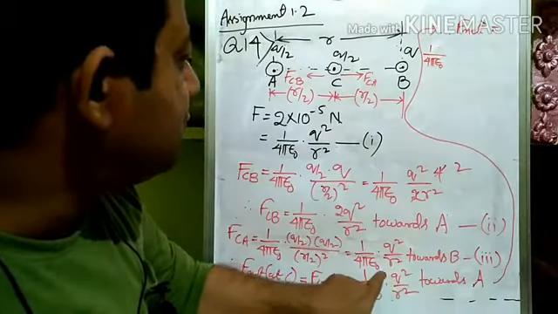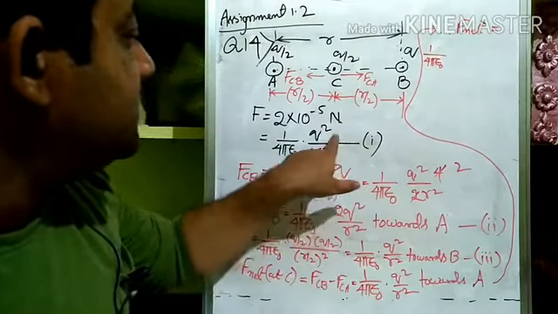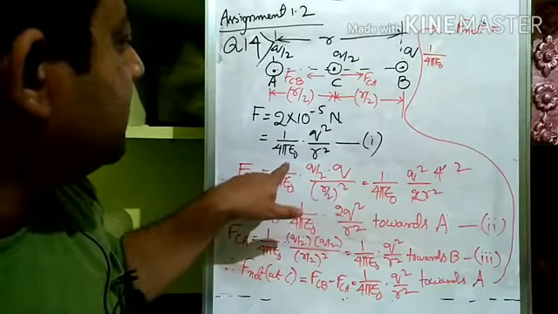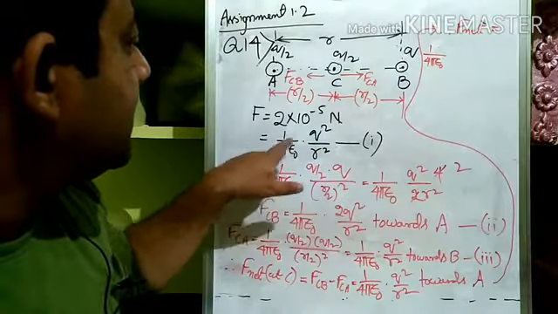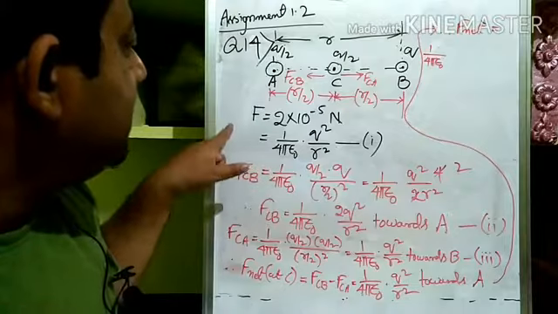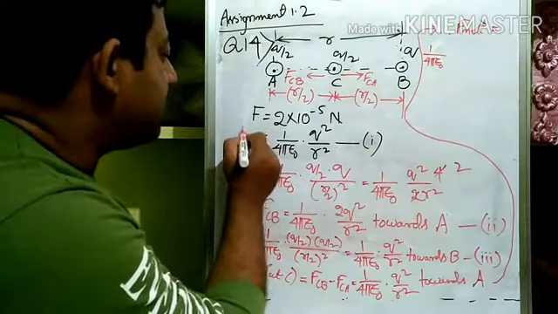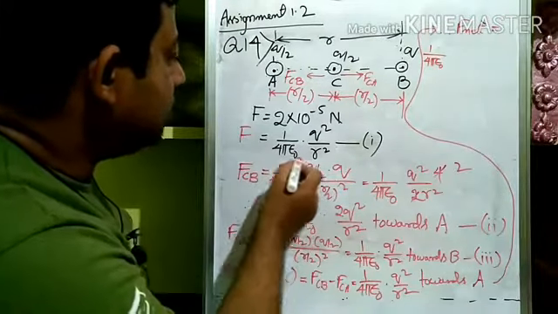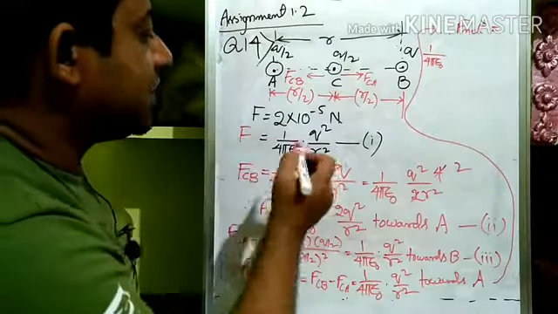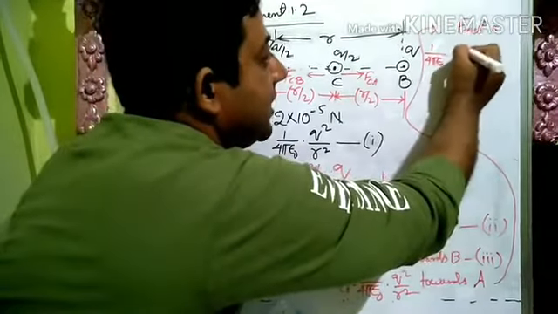How much is the Q square? From equation 1, we can find the Q square, right? Since F is equal to this much, Q square is equal to F into 4 pi epsilon naught into R square, yes or no?